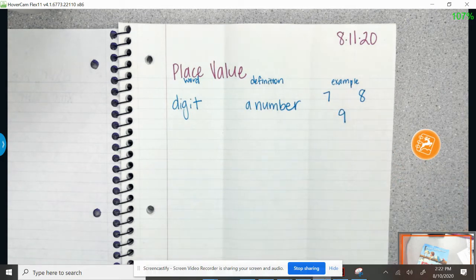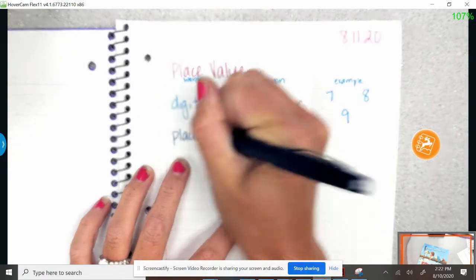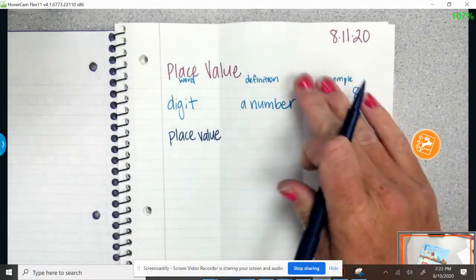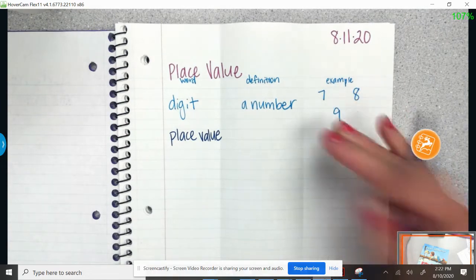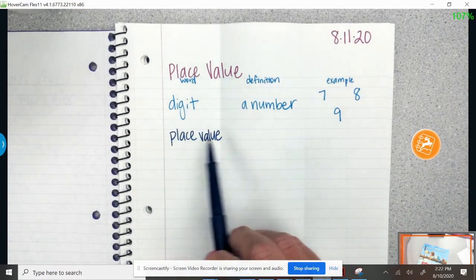Okay? When you start putting numbers together, that becomes our next vocab word, which is place value. So you have all these digits. When they're by themselves, they're worth 7, worth 8, worth 9. But when you start putting 7 and 9 together, that becomes a place value.